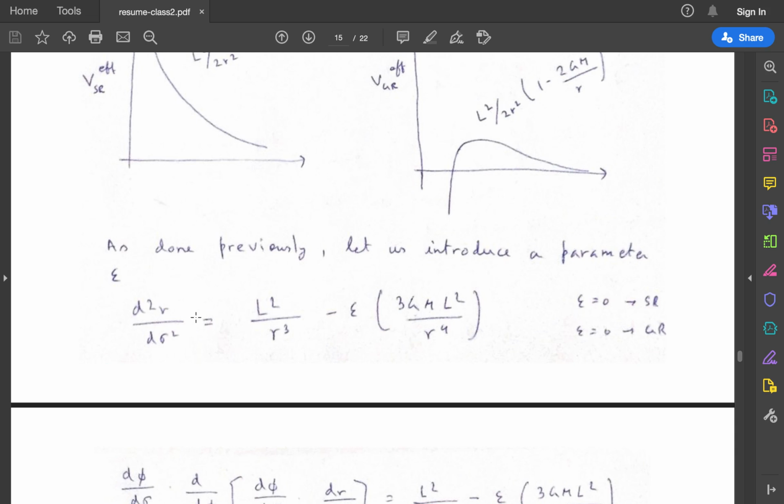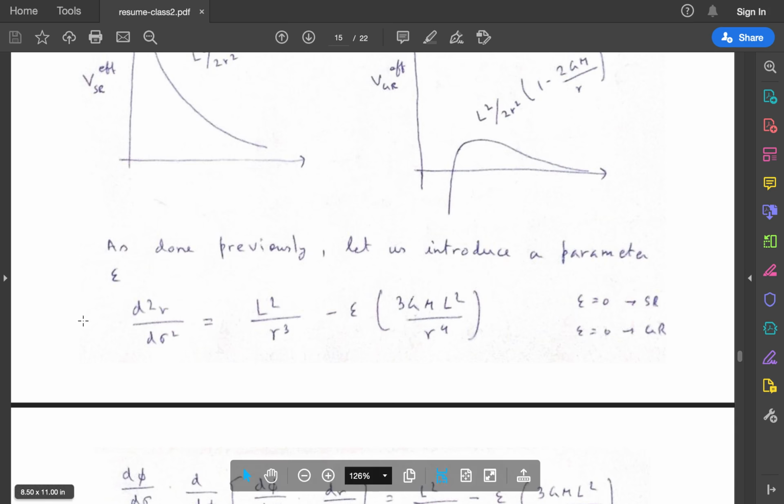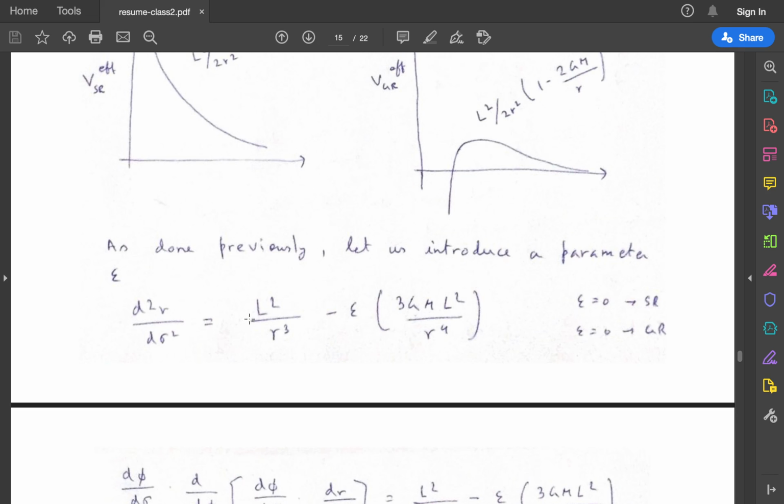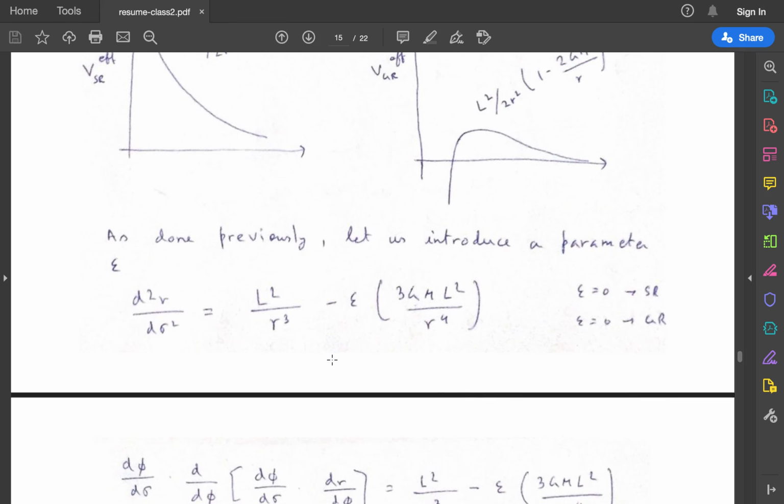So therefore the equation can be written in terms of d square r by d sigma square plus l square by r cube minus epsilon 3GM l square by r to the 4. Epsilon equal to 0 is the SR case, where only this term remains, and for GR, epsilon is 1 and the whole equation is given by l square by r cube minus 3GM l square by r to the 4.